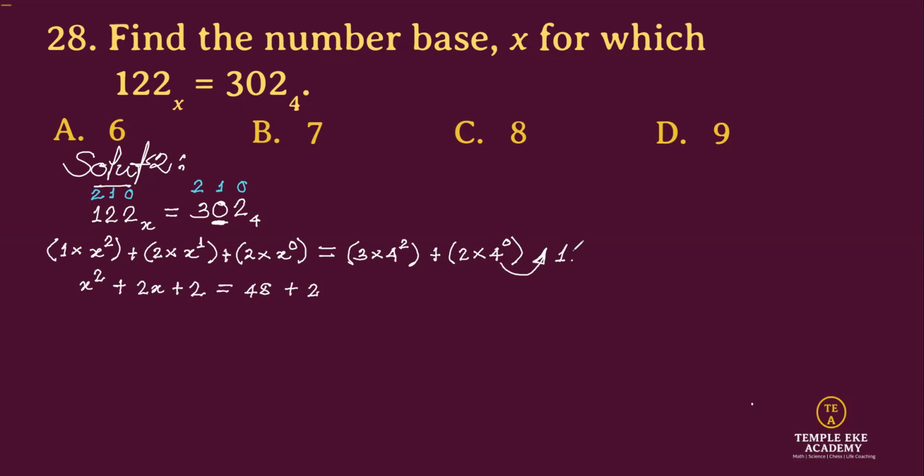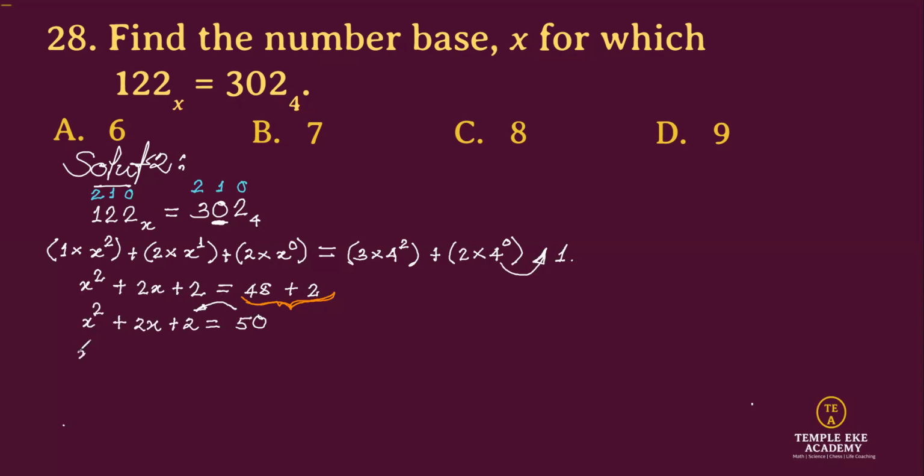All right. Now, let us tidy up this expression by taking together the values on the right-hand side. We have, therefore, x squared plus 2x plus 2 equals 48 plus 2, and that is 50. Now we make it a full quadratic equation by subtracting 50 from both sides, a way of saying we want to relocate 50 to the left-hand side, changing its sign.